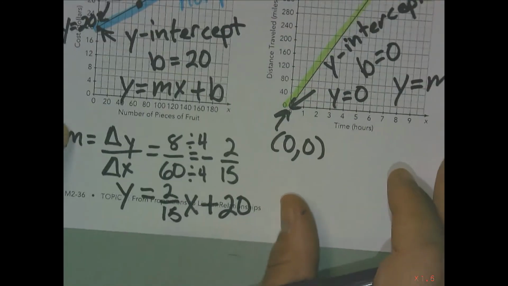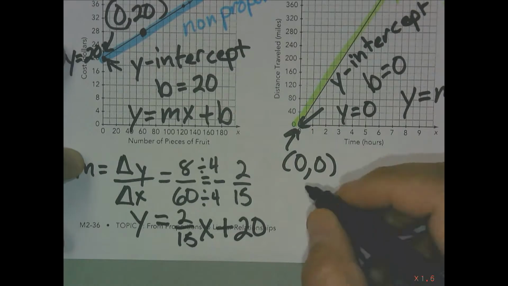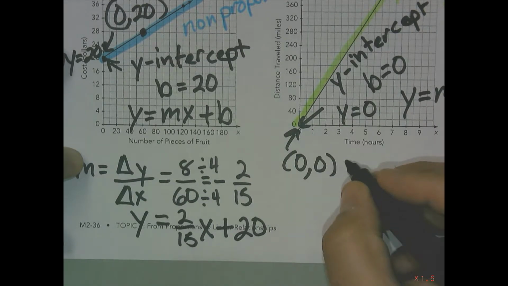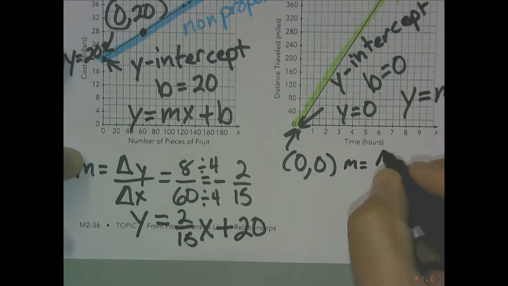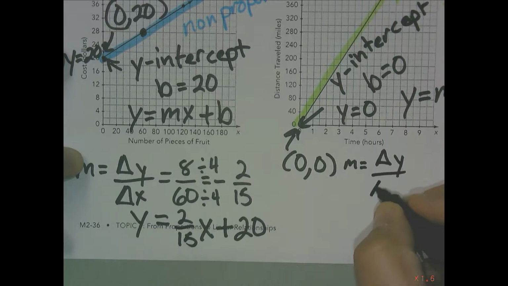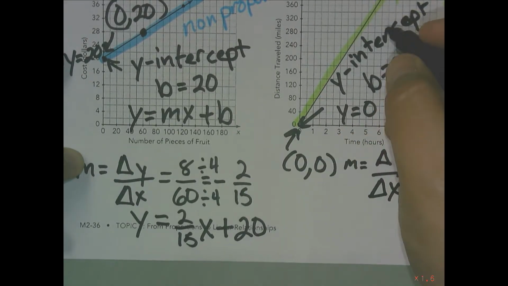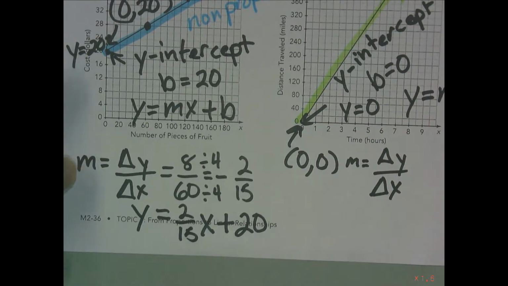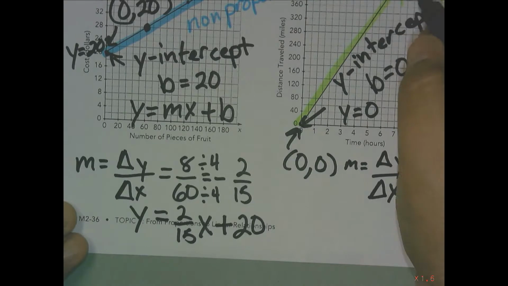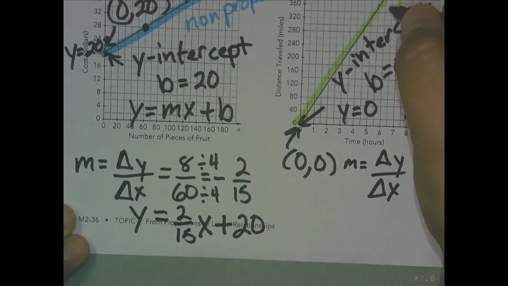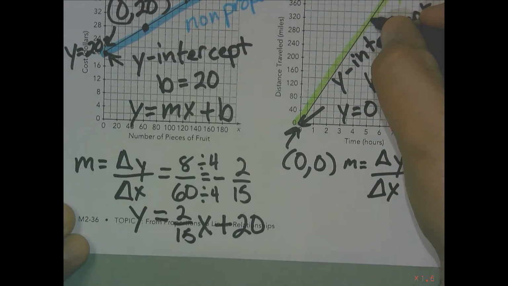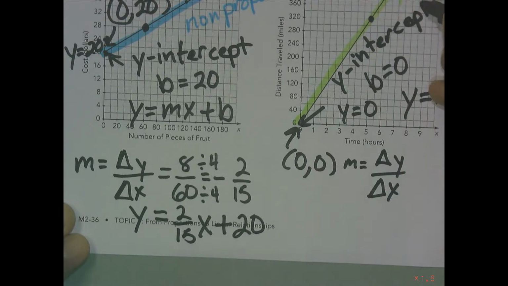Now if we do the next one, we're going to do the exact same thing. So remember that your slope m is equal to delta y over delta x. So I'm going to count, and what you want to do is find a spot where the line crosses the grid, okay? So I'm looking for, like, see this spot here?